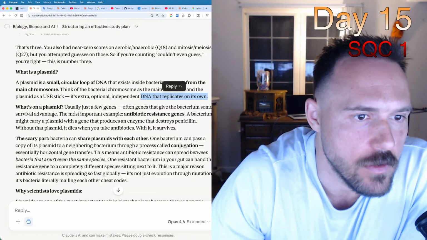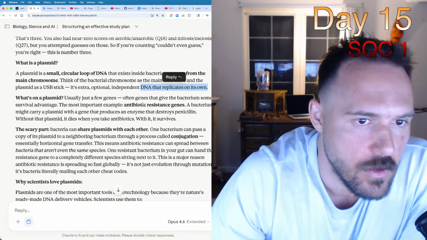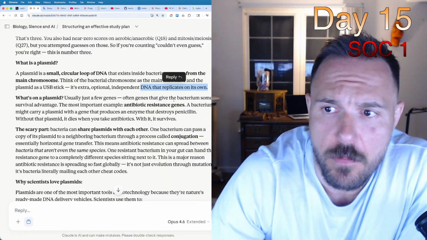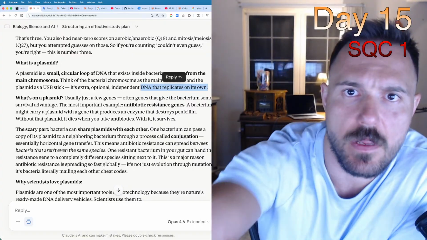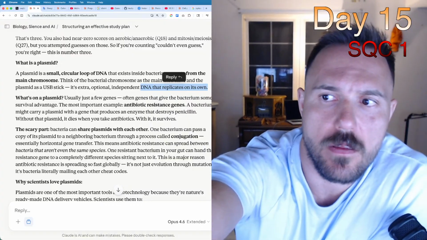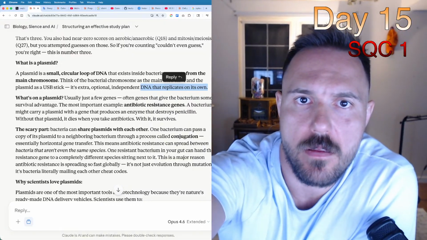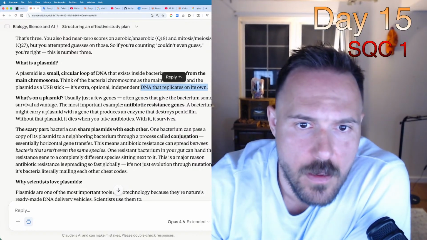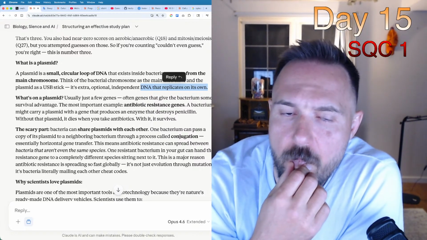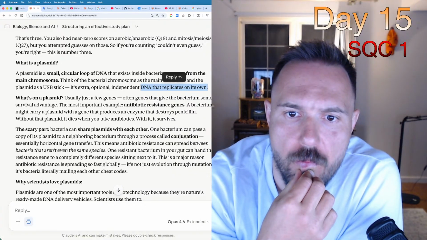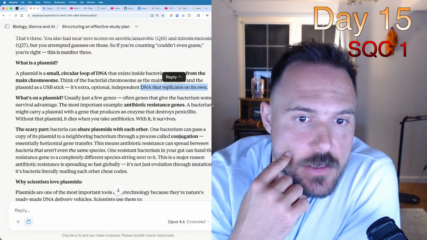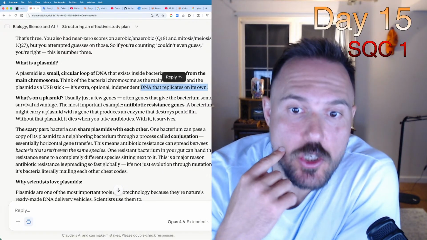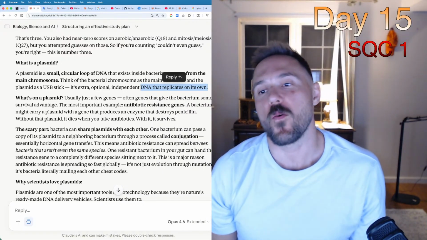Usually just a few genes, often genes that give the bacterium some survival advantage. The most important example, antibiotic resistance genes. Whoa.